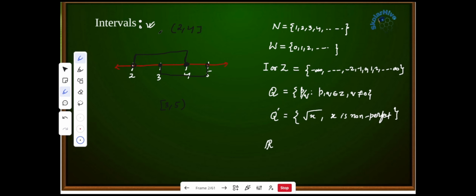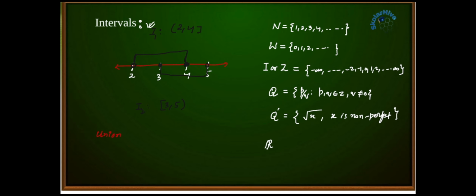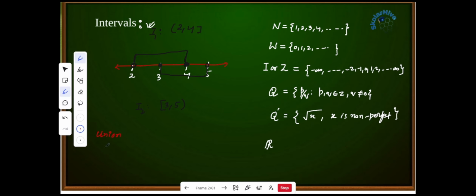Let's say I write this as interval I1 and this as interval I2. Union means a collection: the union of two intervals is the interval which contains both the intervals. I1 is from 2 to 4 and I2 is from 3 to 5.